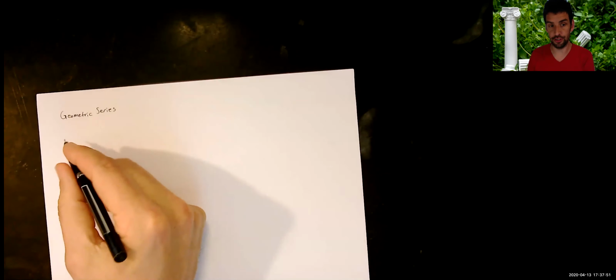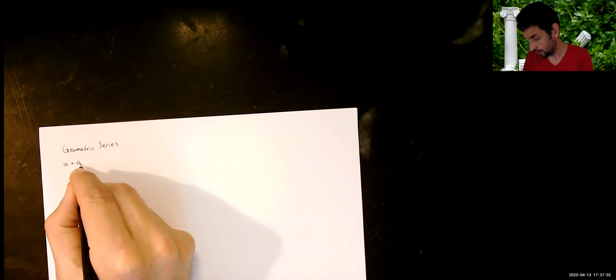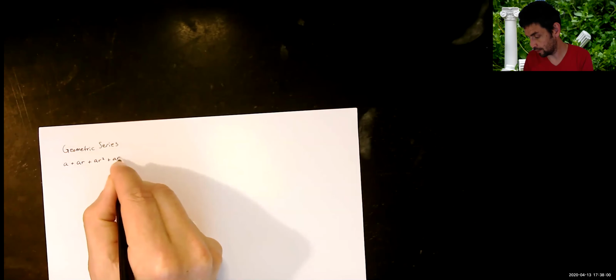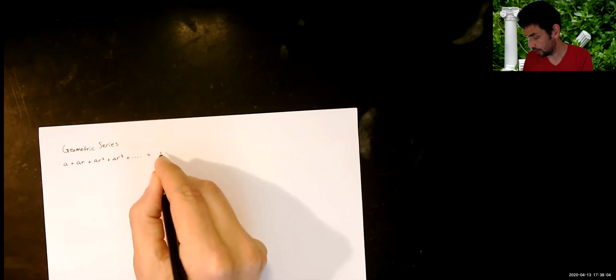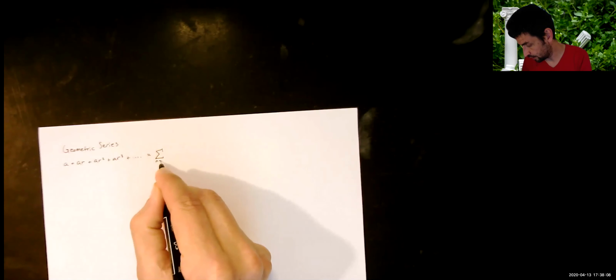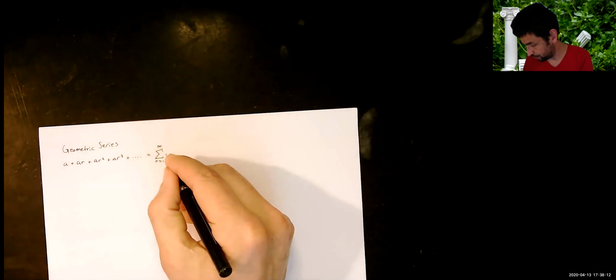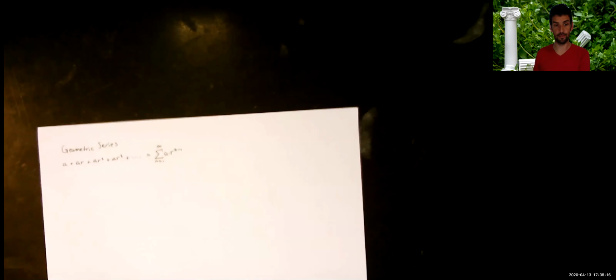A geometric series looks like a plus a times r plus a times r squared plus a times r cubed, and on and on. In summation notation, one way to write this is the sum from n equals 1 to infinity of a times r to the n minus 1.